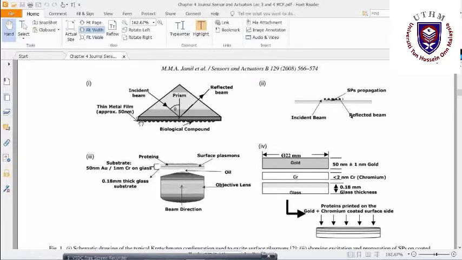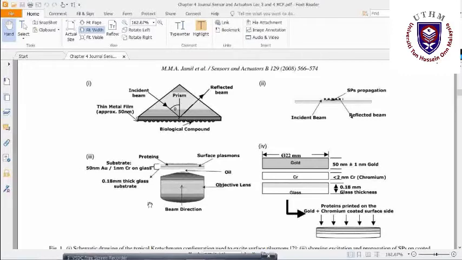The thickness of the material is around 50 nanometers. This is what we call the Kretschmann configuration, where there is an incident beam and a reflected beam, and the surface plasmon propagates along the metallic layer.